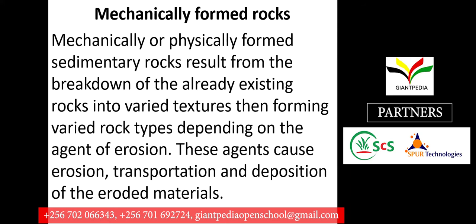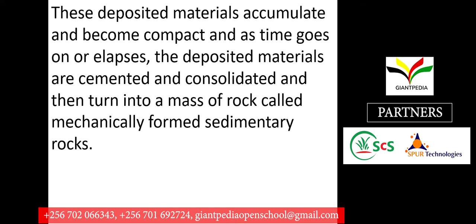Then we also have wind. We have glaciers, that is ice. Then we have waves, which may transport and deposit marine deposits, marine silt. So materials are eroded, transported, and then finally deposited.